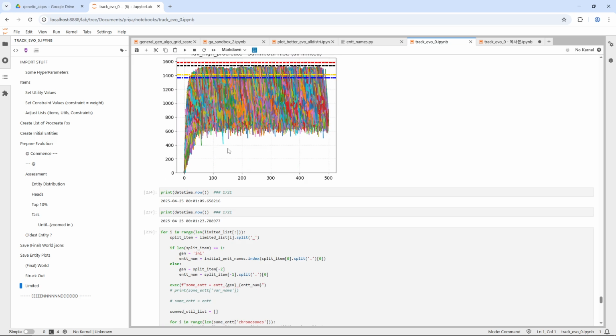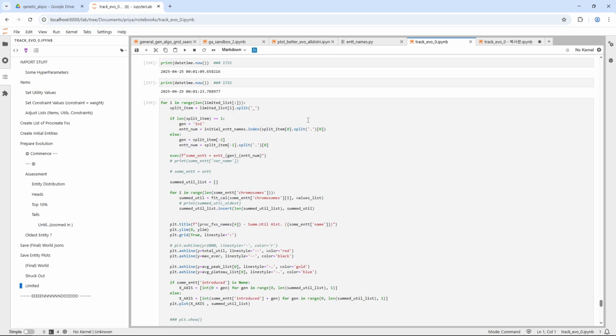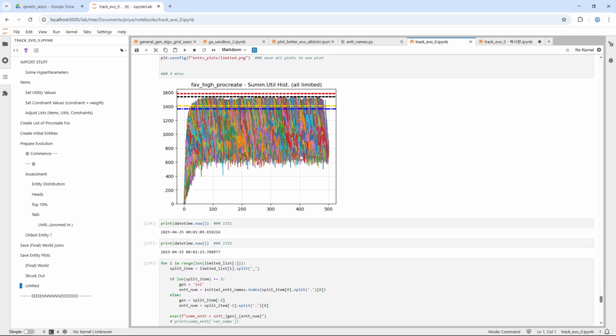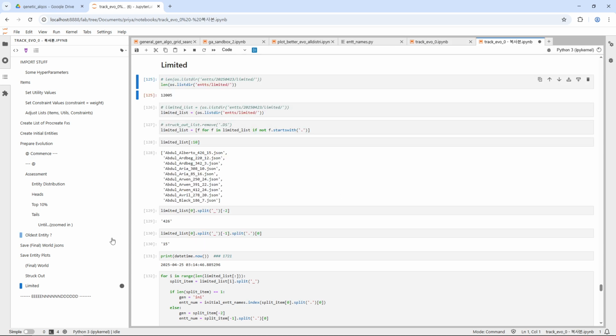Here are the plots, but this one is very hard to gather any kind of information from because everything is squished in all together.